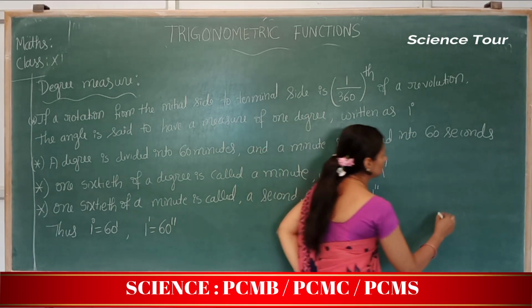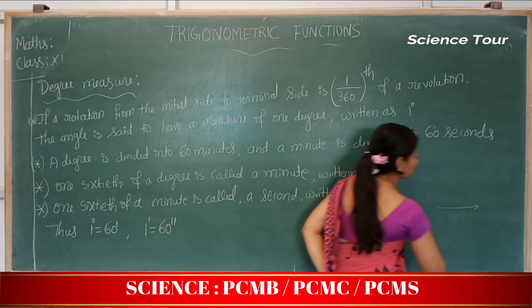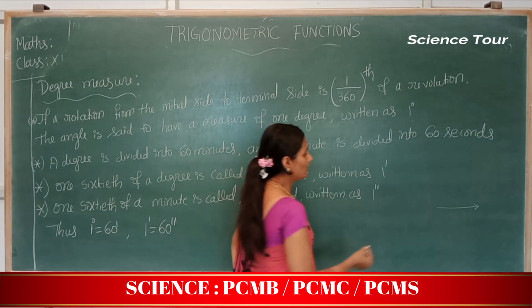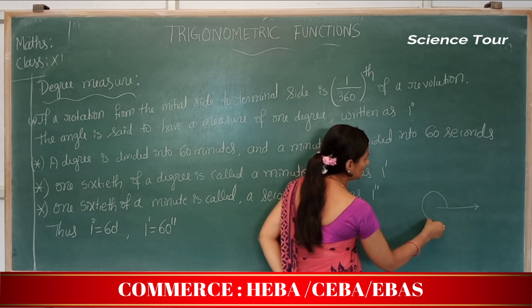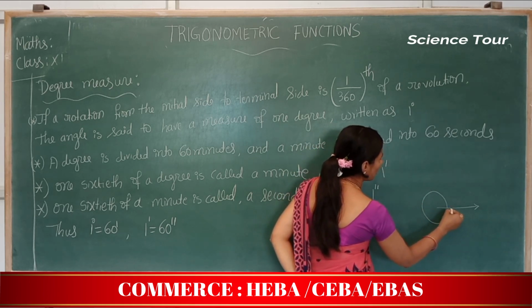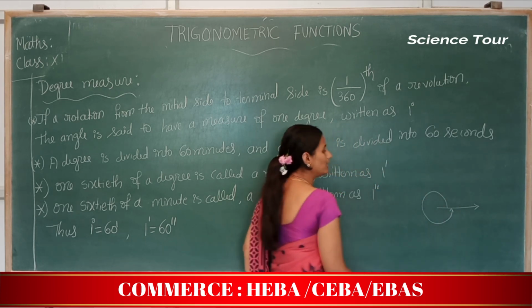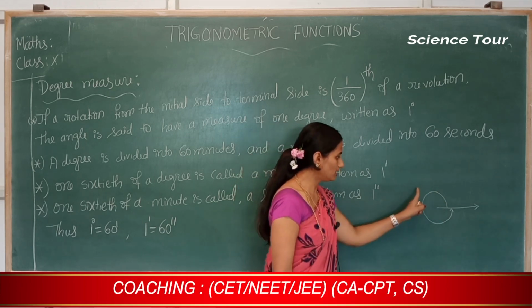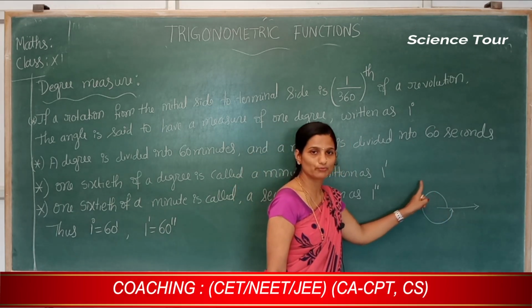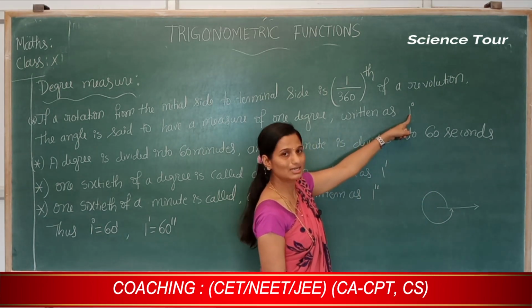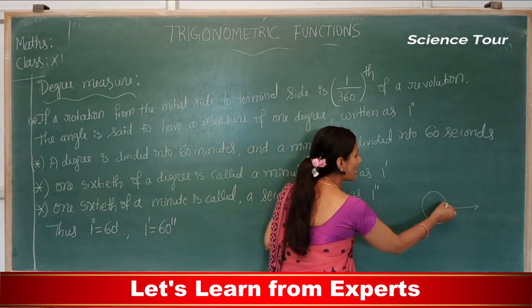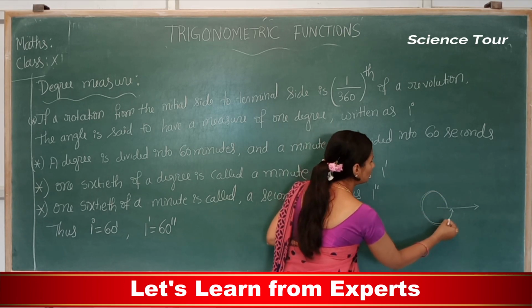Suppose this is your initial side, and your rotation is like this. Already you know this is the complete one rotation, that means one full circle rotation. So what is the angle of rotation of a circle?